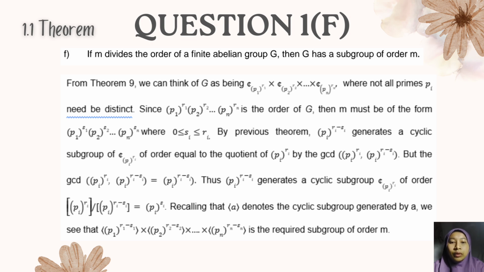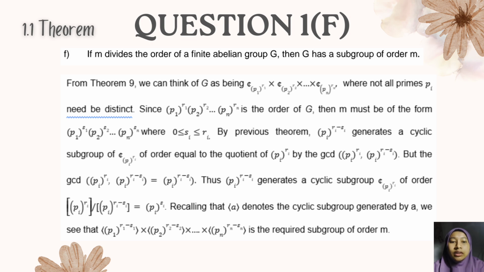By a previous theorem, pi^(ri minus si) generates a cyclic subgroup of pi^ri of order equal to the quotient of pi^ri divided by the greatest common divisor, or GCD, of pi^ri and pi^(ri minus si).